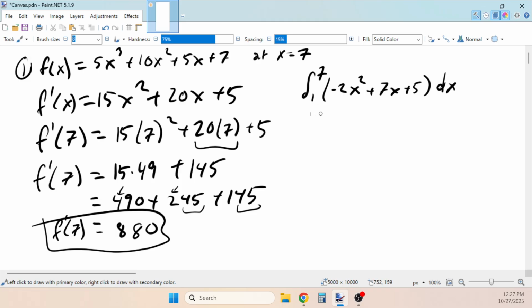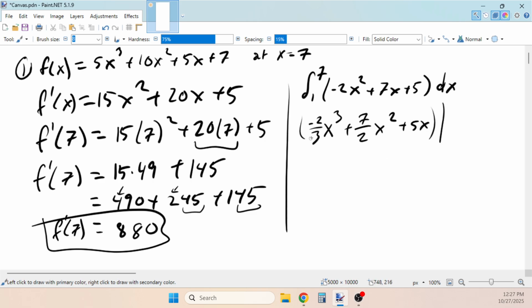Anyway, this is also a power rule, so we'll use the power rule on each term. It goes up to a third power, and we divide by 3. Square, divide by 2. This one goes up to x, divide by 1. Evaluate from 1 to 7.